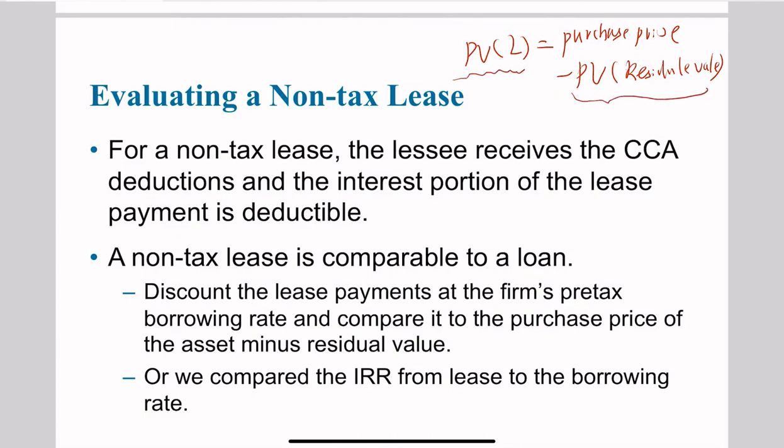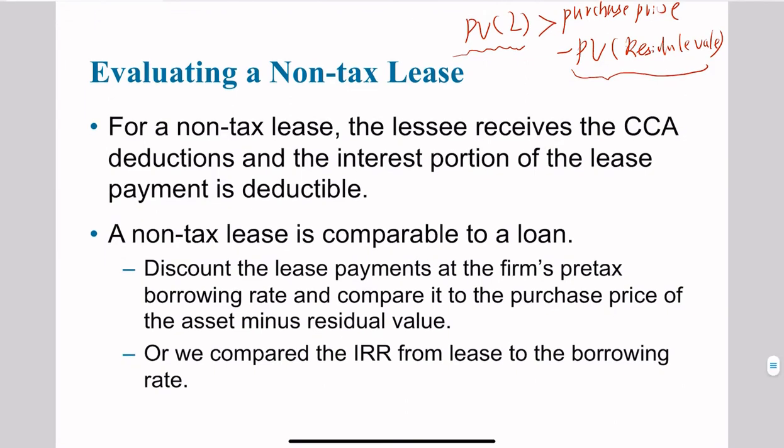That is, you will compare the discounted lease payments with the difference between the purchase price and the residual value. Clearly, if the present value of the lease payment is smaller compared with the difference between the purchase price and the residual value, then you will say leasing is desirable, right? Obviously, if the left-hand side is larger than the right-hand side, then you would say that leasing is undesirable.